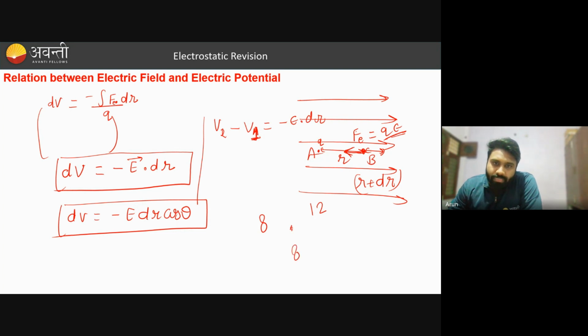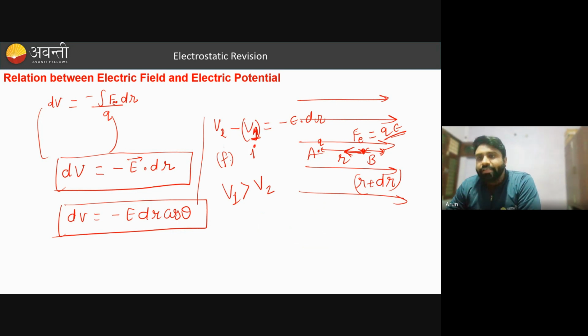When you do 8 minus 12, which means V1 is greater than V2. V1 is the initial position and V2 is the final position. So the initial potential V1 is greater than V2. So we can say that moving in the direction of electric field, the value of electric potential will decrease.